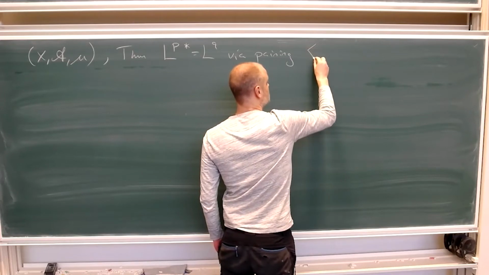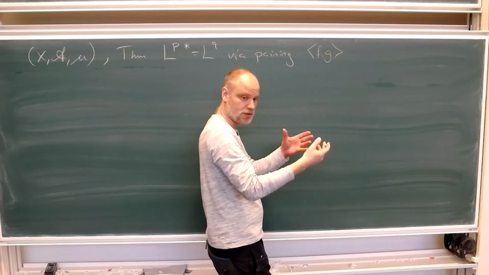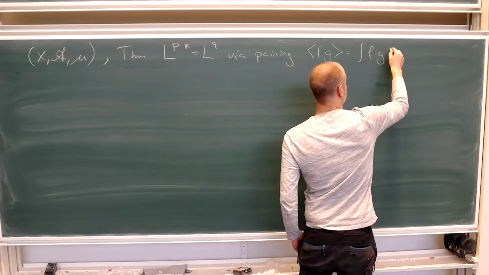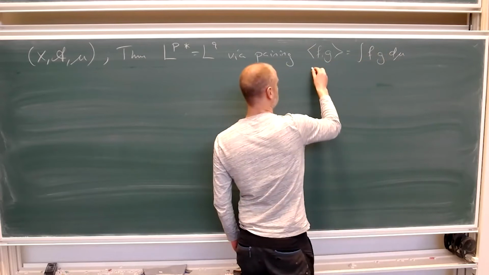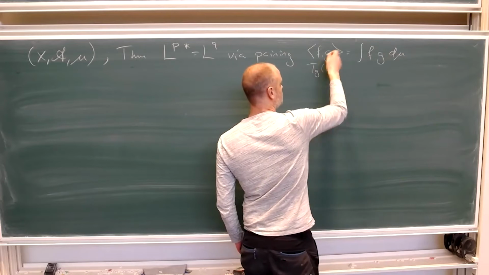Sometimes we even use scalar product notation. So f and g, how are they paired together? Well, you integrate f against g with respect to mu. So this is just another notation instead of writing T_g of f.